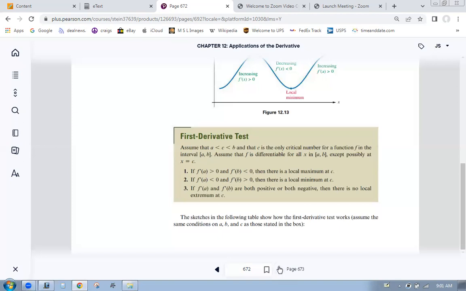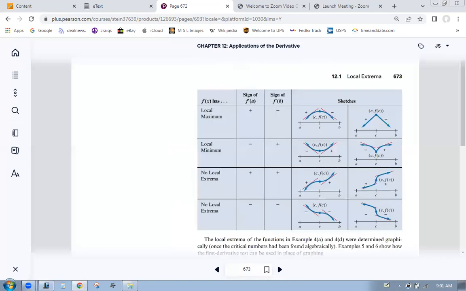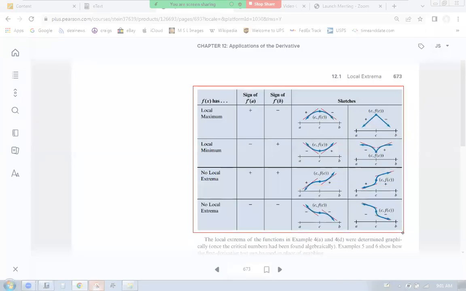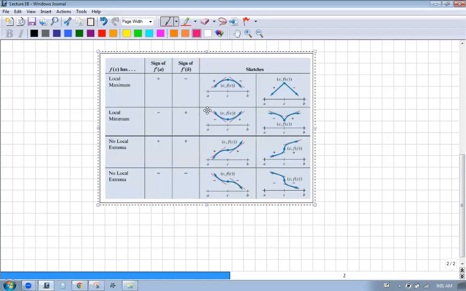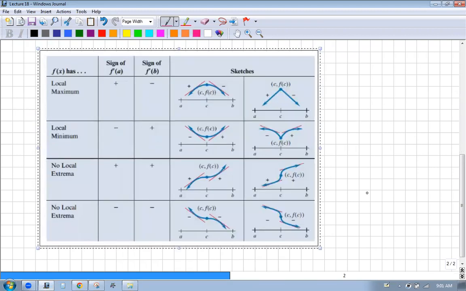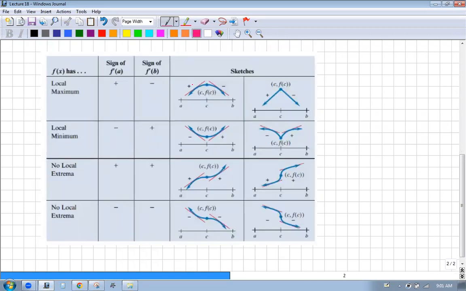So let's see. First derivative test. Last time we learned that when you take the derivative, look at a picture of this, where the slope is 0, or where the derivative is 0, that's where a local minimum or local maximum can occur. Here, at that point, the slope is 0.